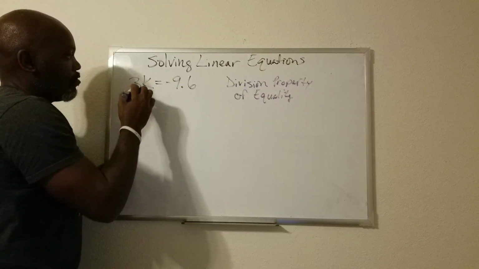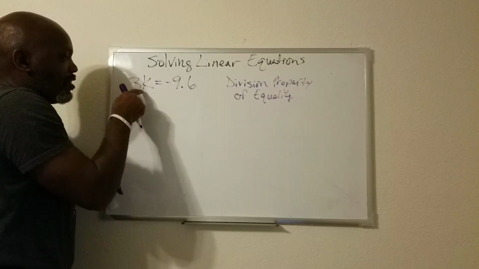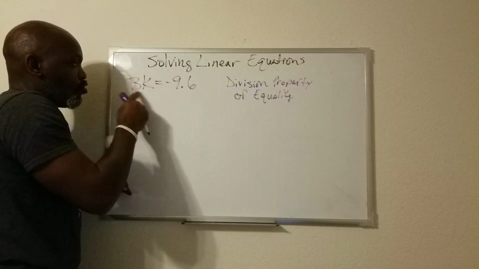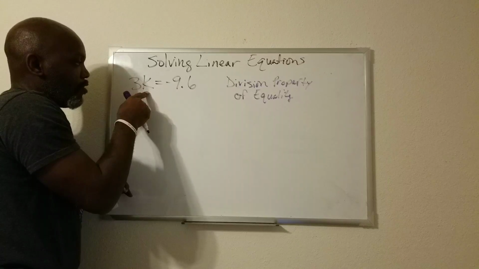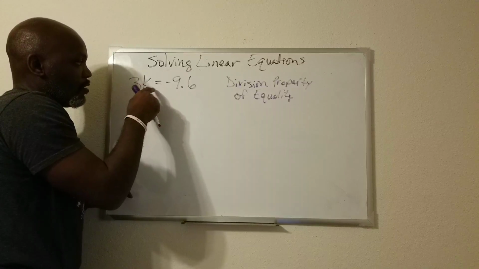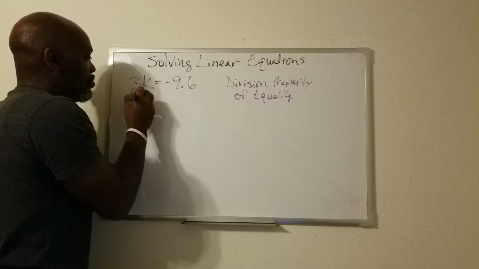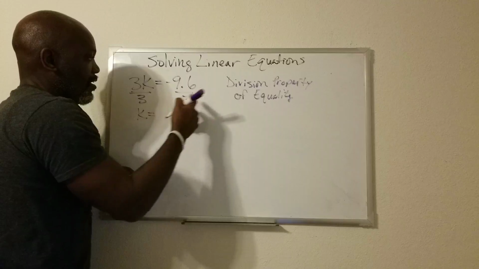Okay, so we're going to find out what k is by doing the opposite of what's going on, right? Right now what's going on is that this is a term, and in that term, here's your coefficient being multiplied by a variable. So it's saying 3 times something equals negative 9.6. So we're going to do the opposite, which is division, to find out what k is.